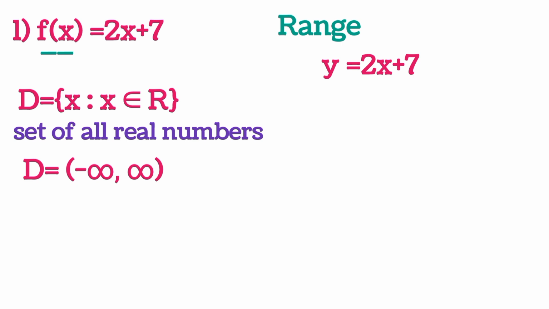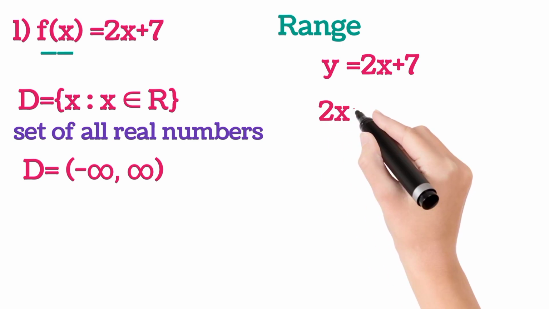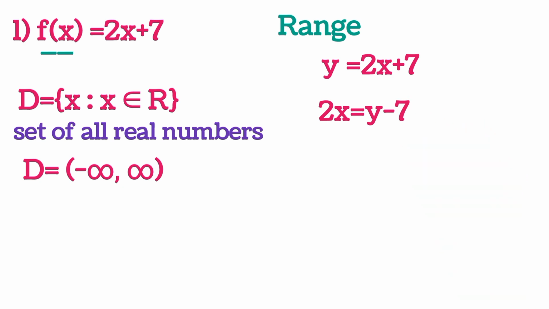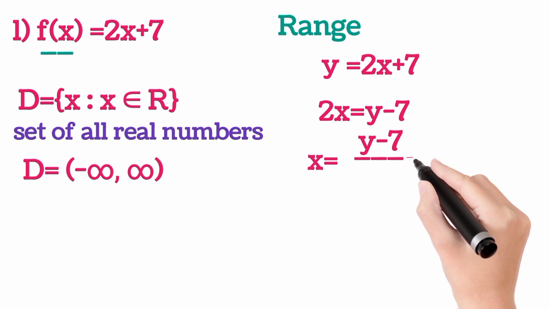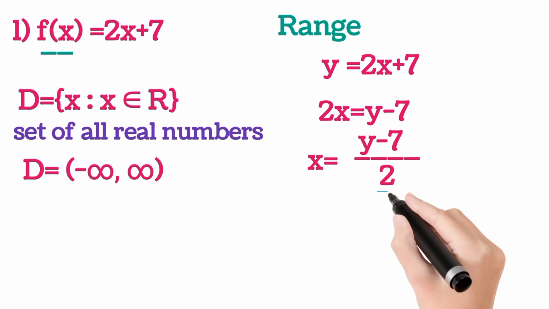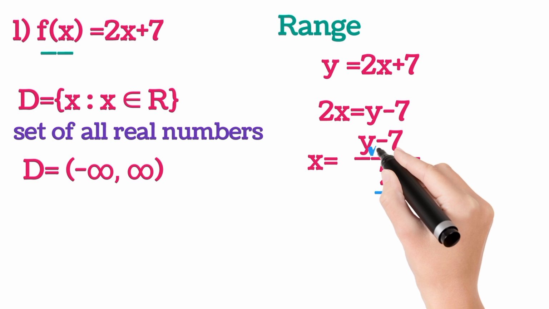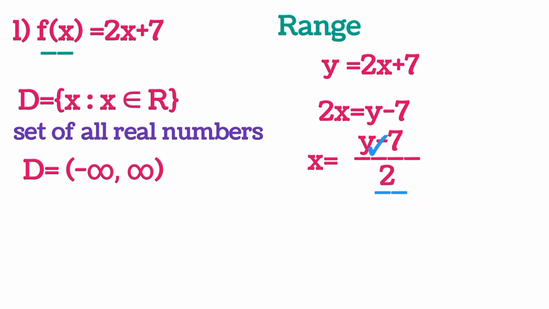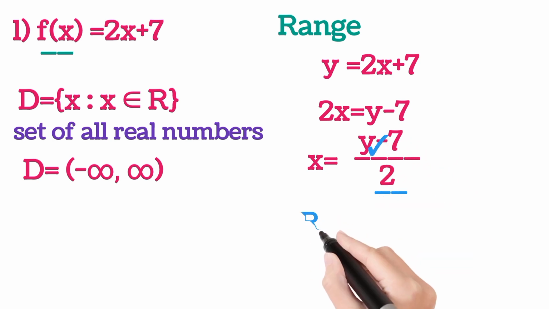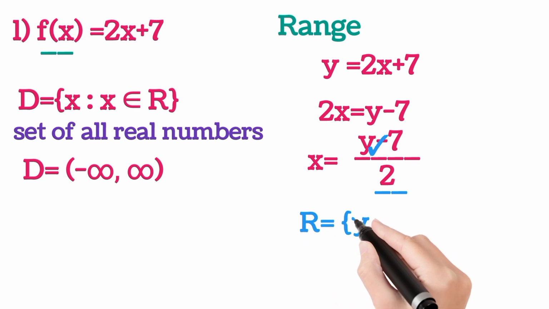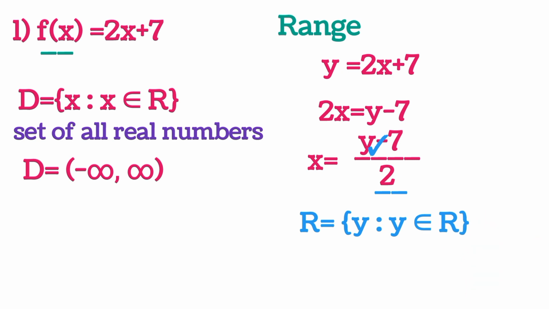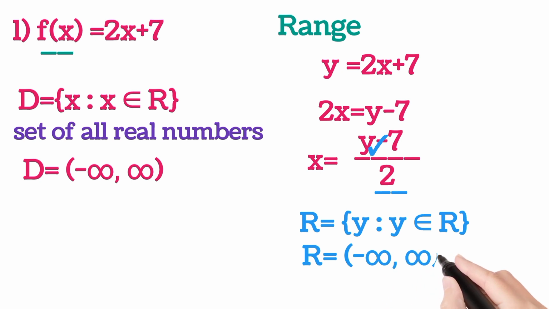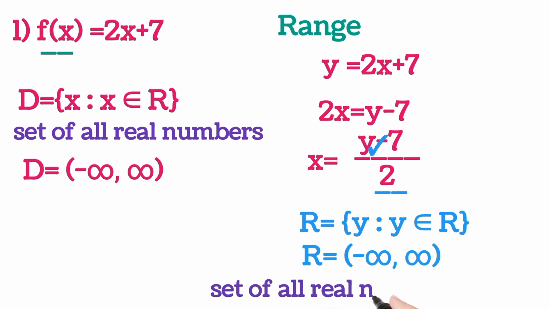Now expressing x in terms of y, we will get 2x = y minus 7, or x = (y minus 7) divided by 2. So here in the denominator we have a constant value, so y can take any real value. So the range of the function will be y such that y belongs to R, that is the set of all real numbers. And this can also be written as R = (minus infinity, infinity).